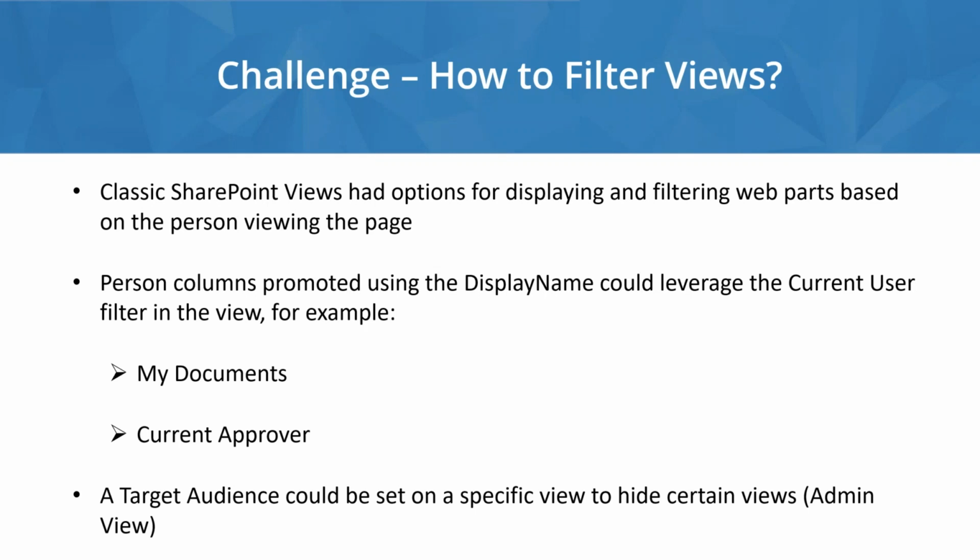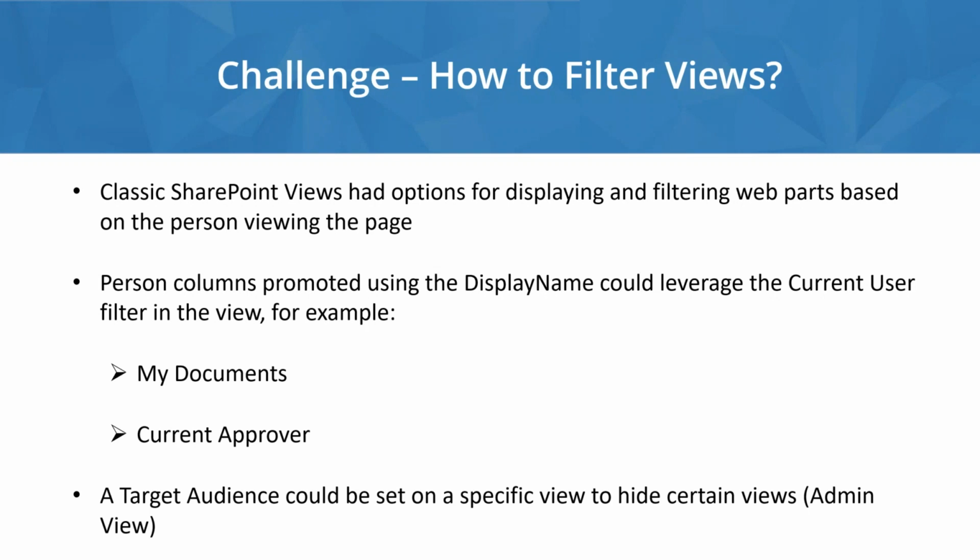Because you had some challenges with that, right? Your classic views had options that aren't available to you in modern. Right. On the classic SharePoint pages, we were able to filter different views using the current user filter. So we could see a My Documents view or a current approver view.